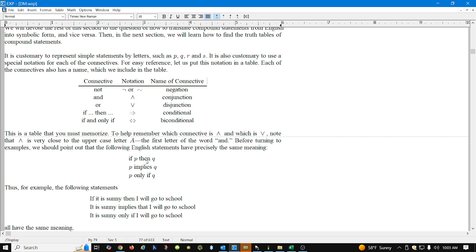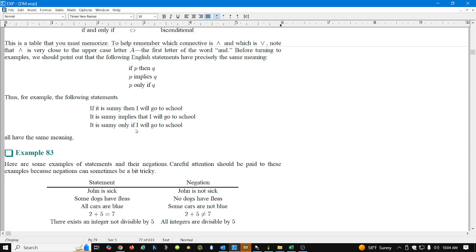Here's some other issues that you face in English, and I would imagine in other languages as well, and that is different phrases can have the same logical meaning. If P then Q means the same thing as P implies Q, and that means the same thing as P only if Q. And I urge you to think about these 3 statements. Convince yourself that they have the same meaning.